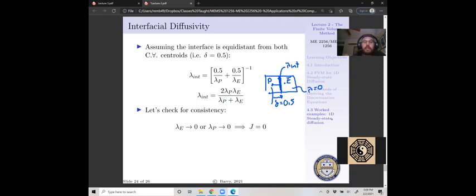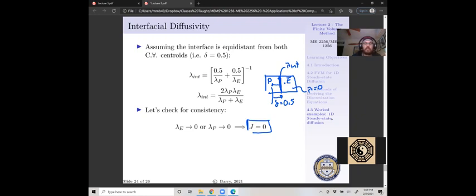Once again, we don't have a divide by 0 error. That is, if either of these materials is an insulator, our flux will be satisfied as a 0 value. And this allows now for a large range of varying diffusivities within our system.